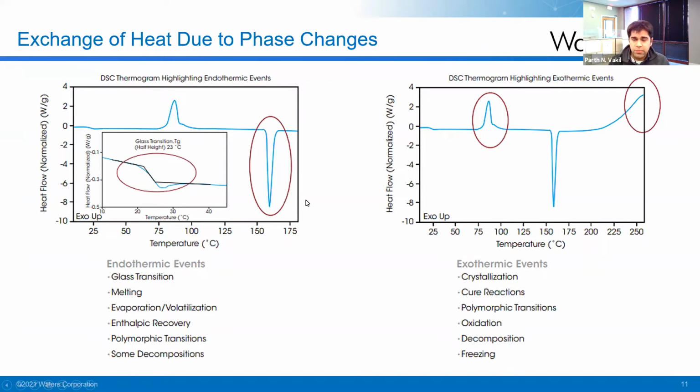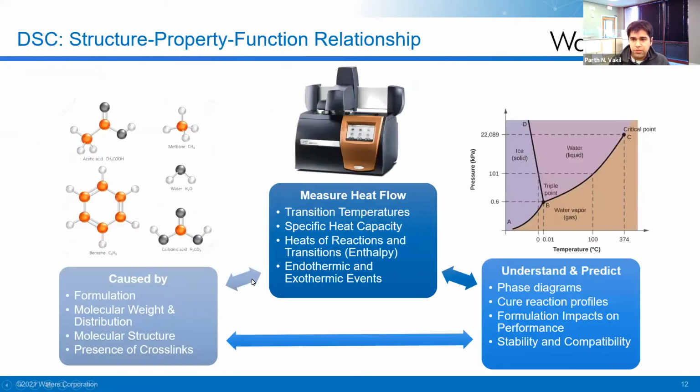A DSC is a really powerful instrument, gives you a lot of insight into things that are happening in your material. It gives you insight into characterizing it. And why do people use this? I like to think of instruments and analytical methods in the structure, property, function relationship frame of mind. When you have a material with different chemistries undergoing different processing conditions, storage conditions, formulation optimizations, that all affects the material in a way that can be detected by a DSC.